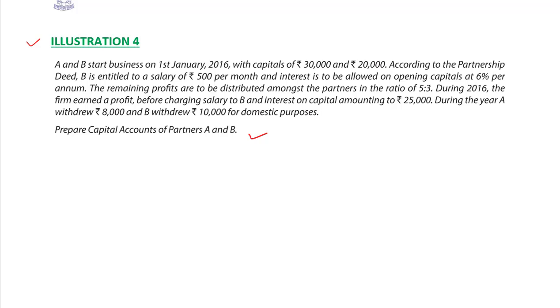A and B start business on 1st January 2016 with capitals of 30,000 and 20,000. According to the partnership deed, B is entitled to a salary of 500 per month. Interest is to be allowed on opening capital at the rate of 6% per annum. The remaining profit is to be distributed in the ratio of 5:3.